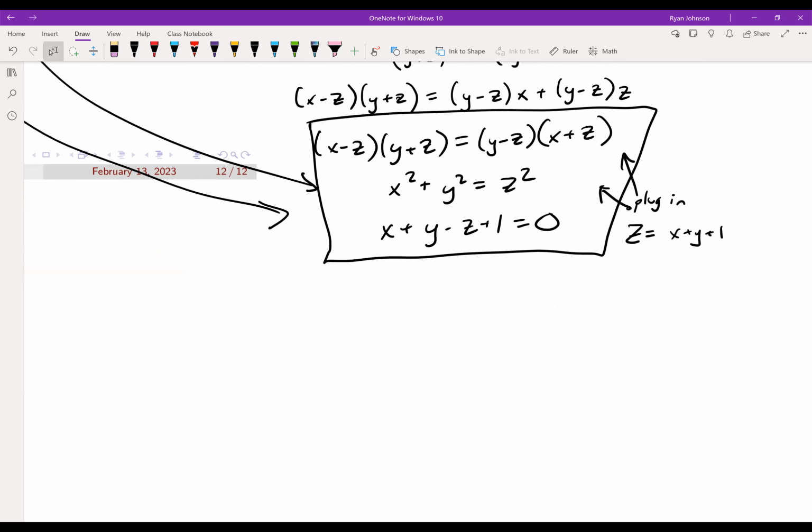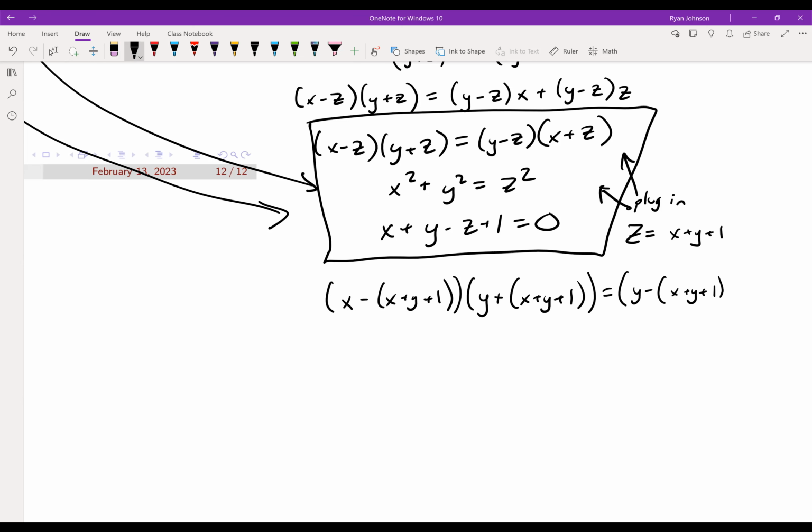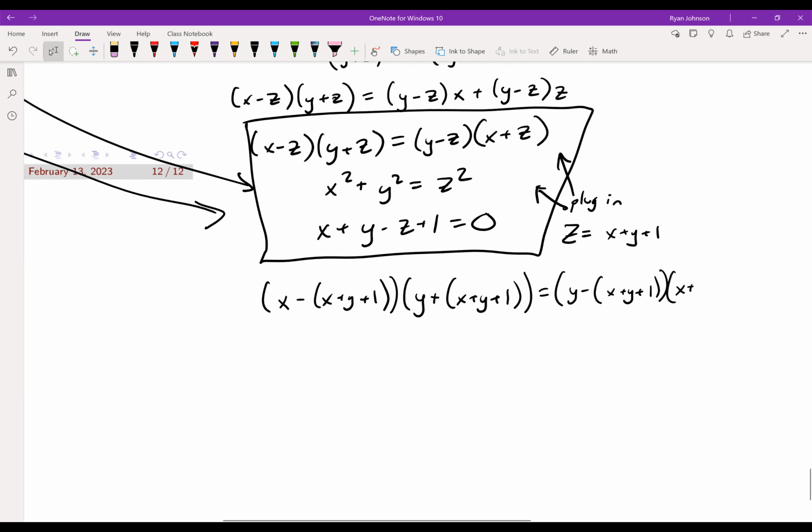That'll be messy, but we can be brave. And so I get x minus (x plus y plus 1) times (y plus x plus y plus 1) equals y minus (x plus y plus 1) times (x plus y plus 1).